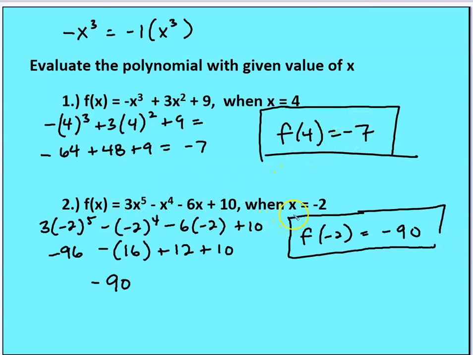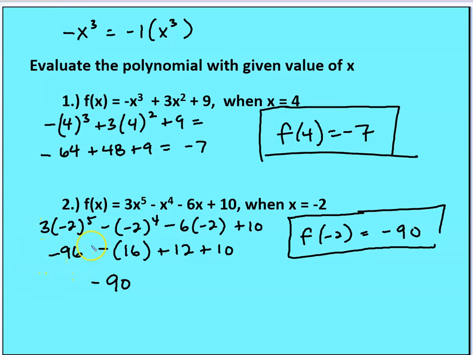And then evaluate when x is negative 2. So negative 2 to the power of 5 is 2, 4, 8, 16, 32. That's going to be a negative value because as I multiply negative 2 5 times, negative 2 times negative 2 is 4, times negative 2 is negative 8, times negative 2 is 16, times negative 2 is negative 32.